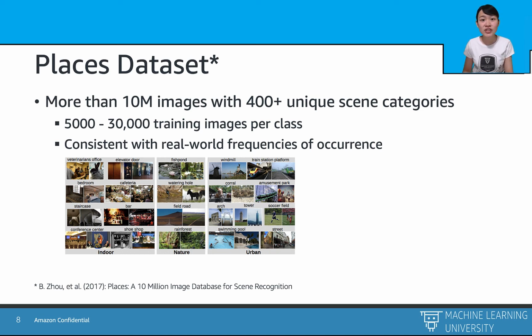There are over 10 million training images with over 400 unique scene classes, and each class has around 5 to 30K training images, and the number of images in each class is consistent with the real-world occurrence frequencies. If you'd like to know more about the details, check this paper by Bolei Zhou et al. from MIT.